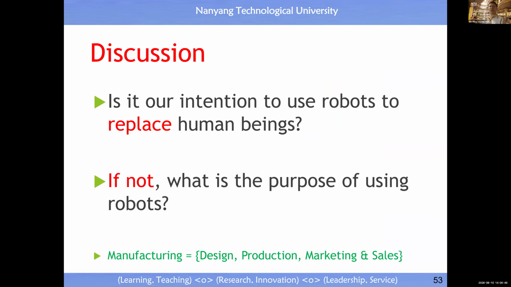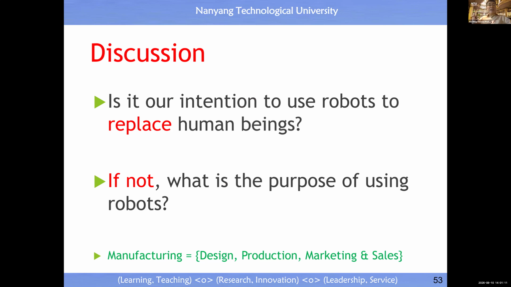Is our intention to use robots to replace human beings? The answer is no. It is not to replace, it is to free us from doing those dangerous, dirty, difficult jobs, the work which is not so pleasant for human beings to do.